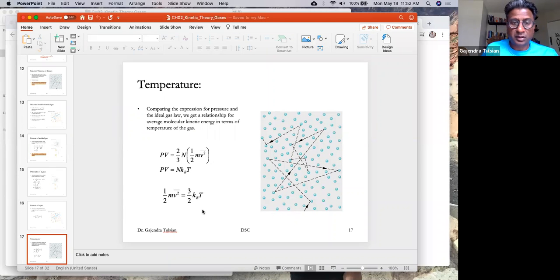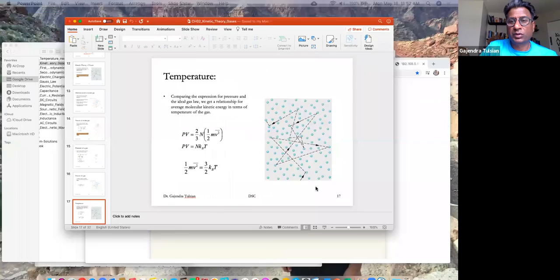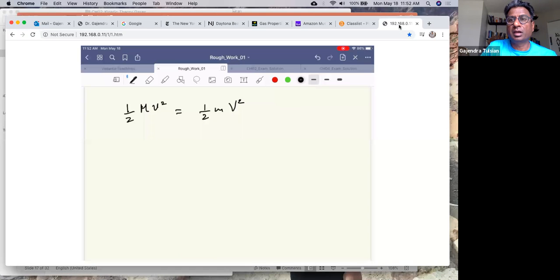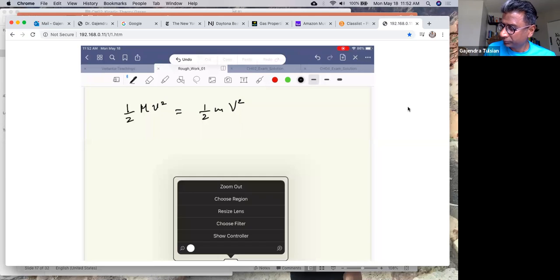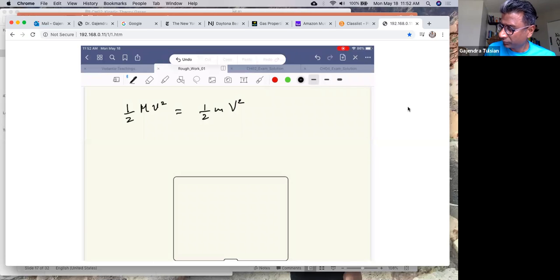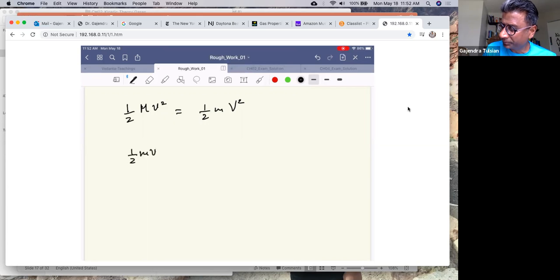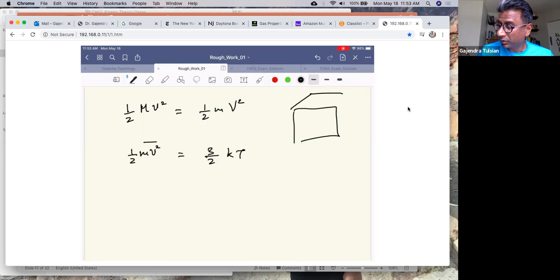Now, here's another important fact about this, which is the equipartition of energy. You saw that the average kinetic energy of a molecule is 3/2 kT. Now, a given molecule doesn't care which way it's moving.